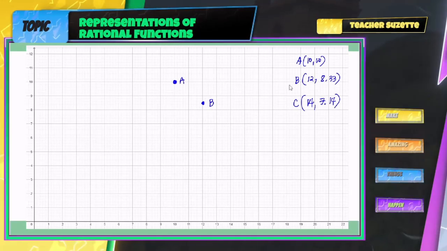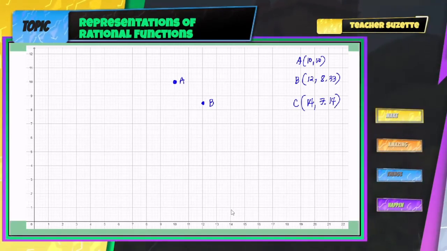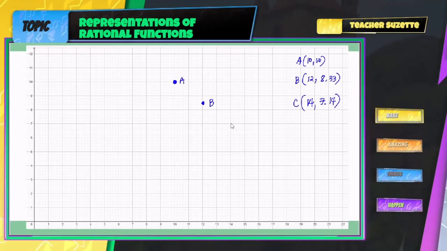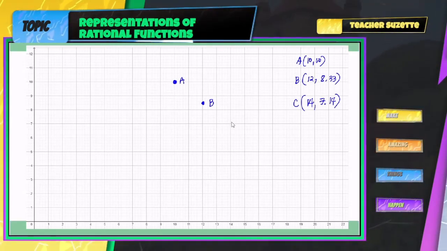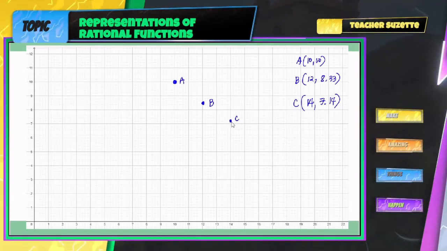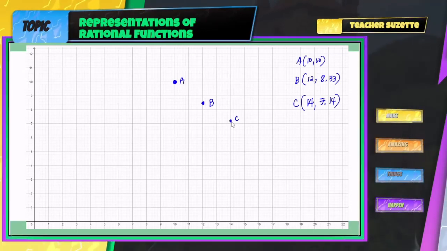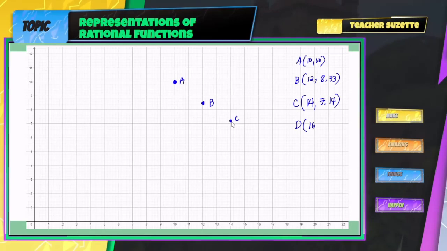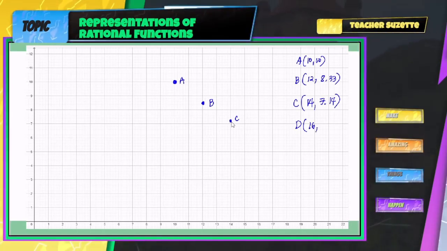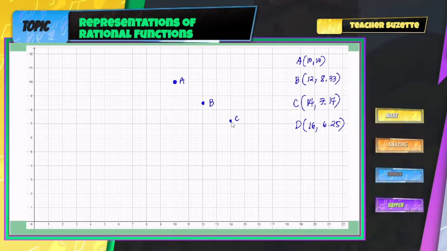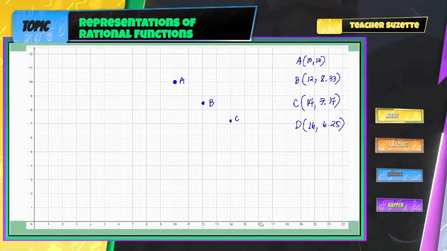7.14. So, here is our 14. Let's go to 7, so near 7 on our y. So, that is 14, 7.14. So, let's assume that this is our point C. Next, we have point D, which is 16, 6.25. So, let's go to 16.